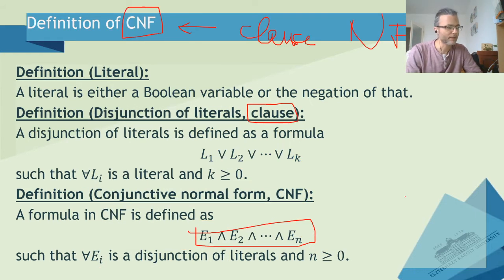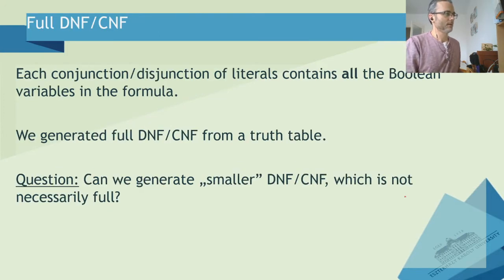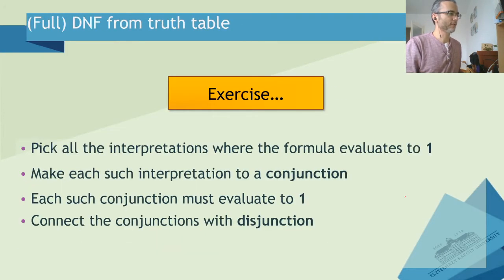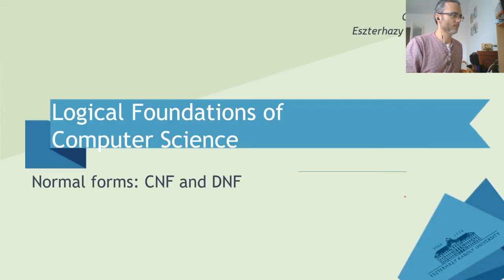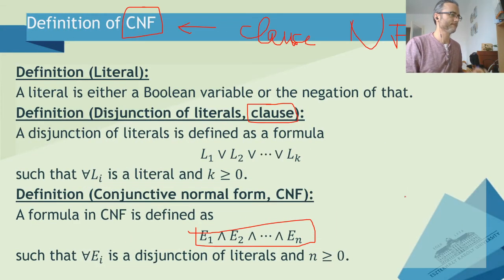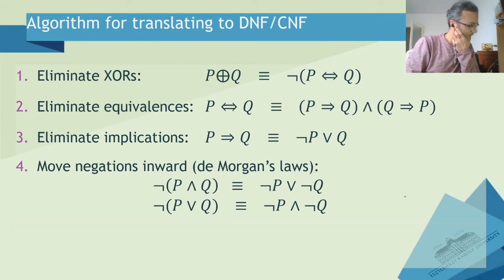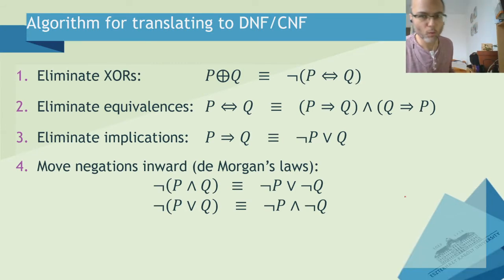Okay, so back to Oleg's question. What if I'm telling you to translate a formula to CNF, and unfortunately after you apply all those 4 steps you get a DNF? Then you have to translate your DNF to CNF.